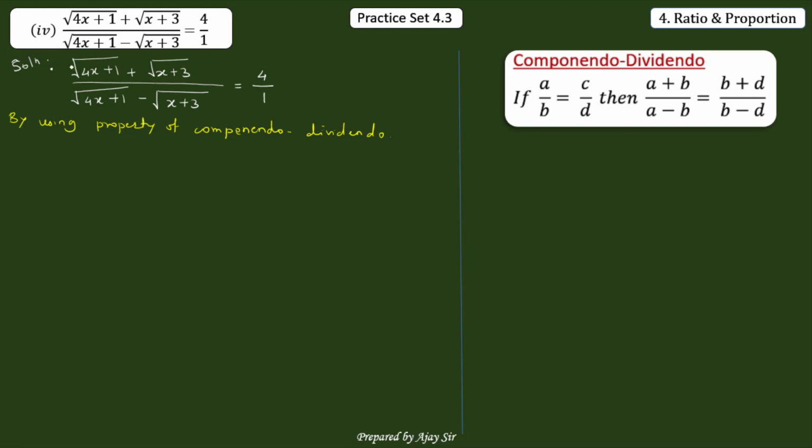In the numerator it is a plus b, divided by a minus b, where a is the full numerator and b is the full denominator.